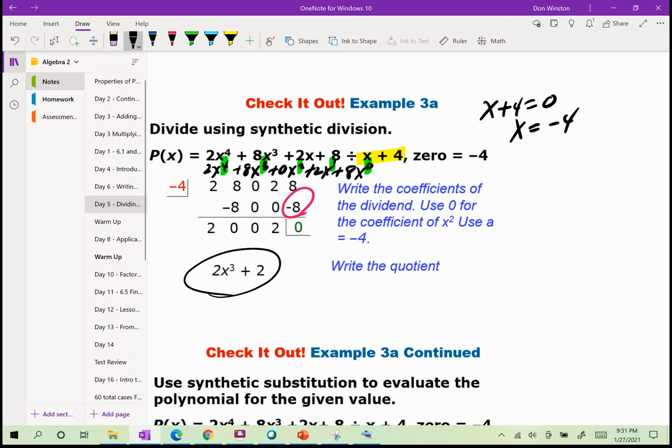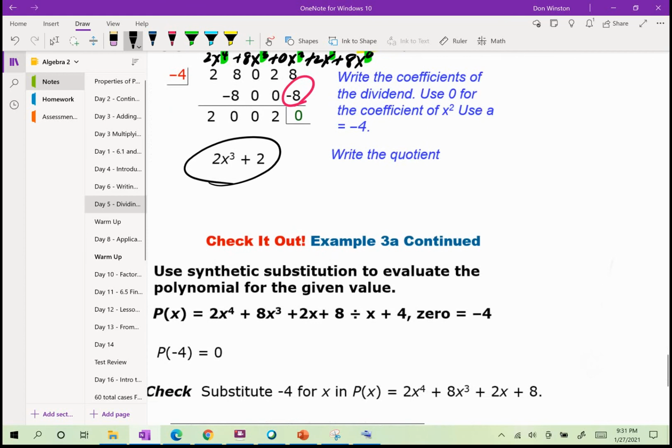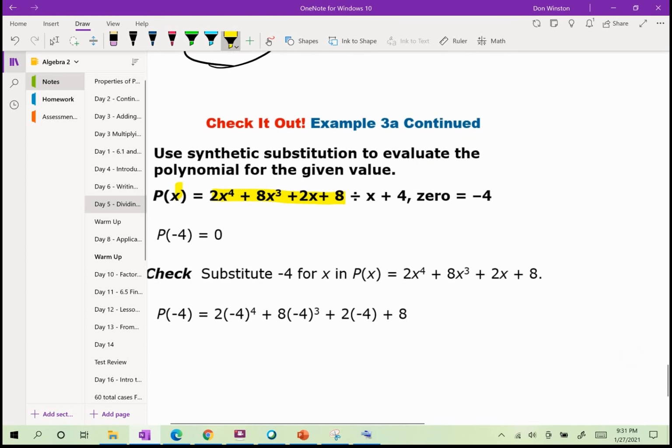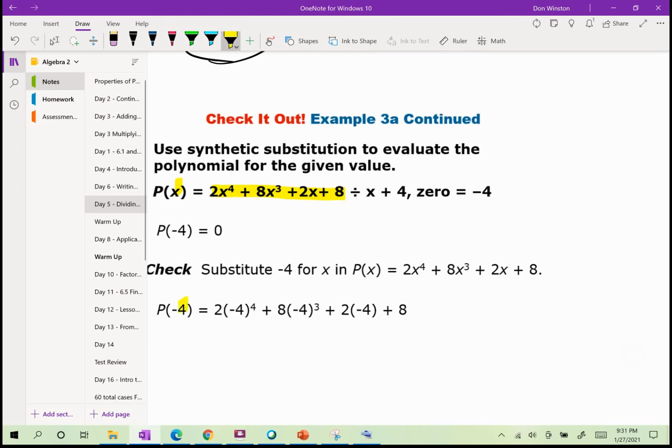Now, if I do synthetic substitution, if I take negative 4 and substitute it into that polynomial, I better get 0 because I got a remainder of 0 when I did synthetic division. So negative 4 to the 4th is 256, and 2 times 256 is 512.